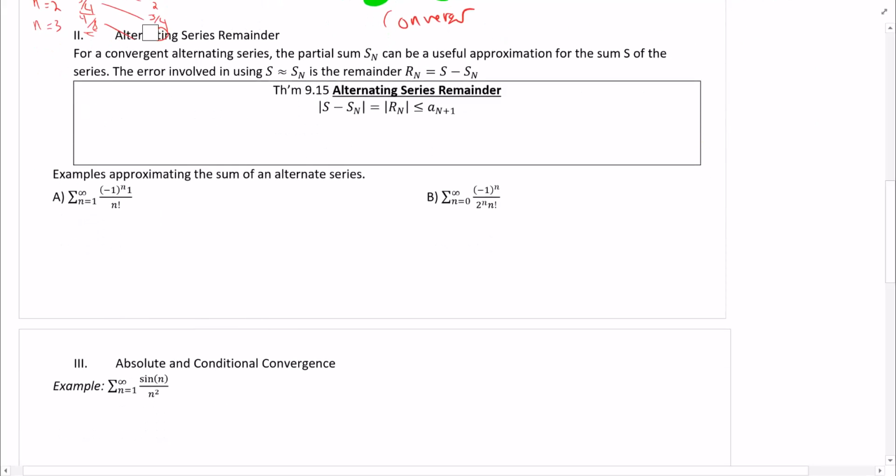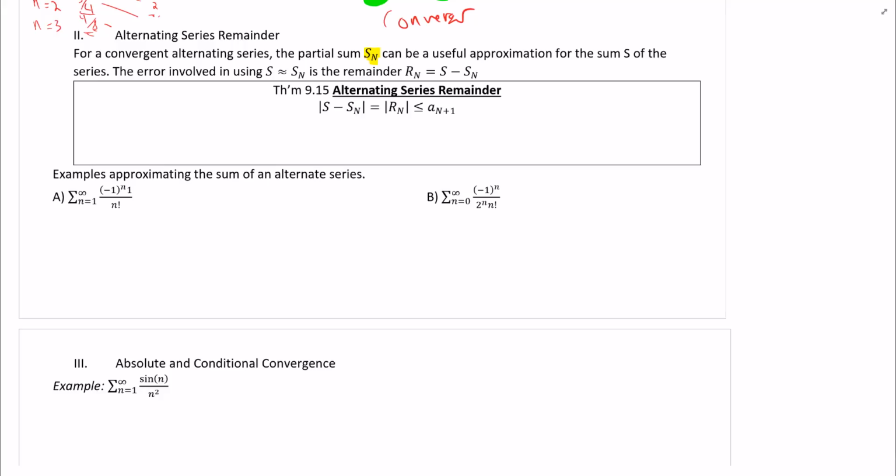The alternating series remainder will give us an estimate of what our series converges to. S_n, remember, is our partial sum. So for a convergent alternating series, the partial sum can be a useful approximation for the sum S of the series.